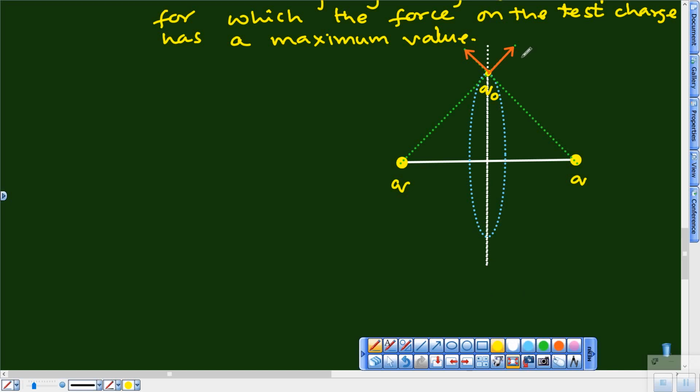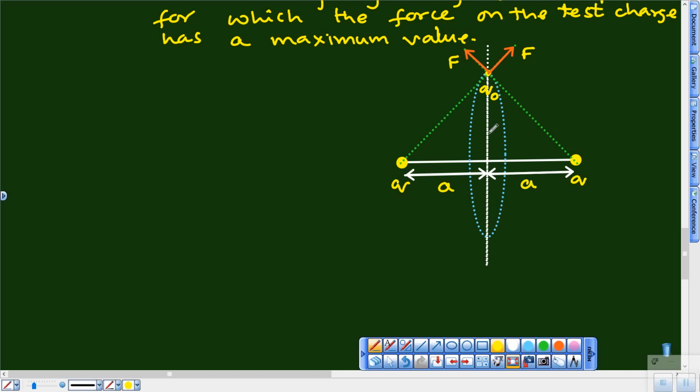Let's call them both F. The total distance between the two charges is 2a. That's why the distance from here to here as well as from here to here would be a. These both are a after all.